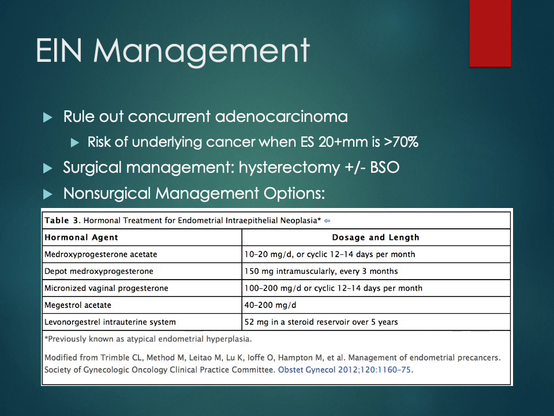The standard of care is surgical management, so with a hysterectomy, usually a BSO, but this can be individualized in premenopausal women. There are some non-surgical management options, although again the standard of care is a hysterectomy, but progestin-containing regimens can be used, provided that you regularly sample the endometrium to rule out progression.